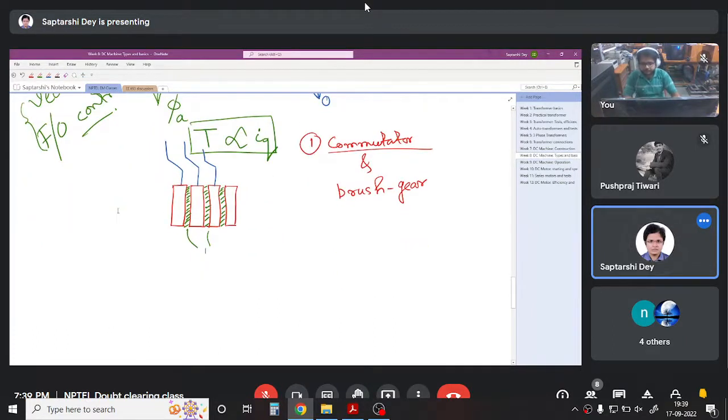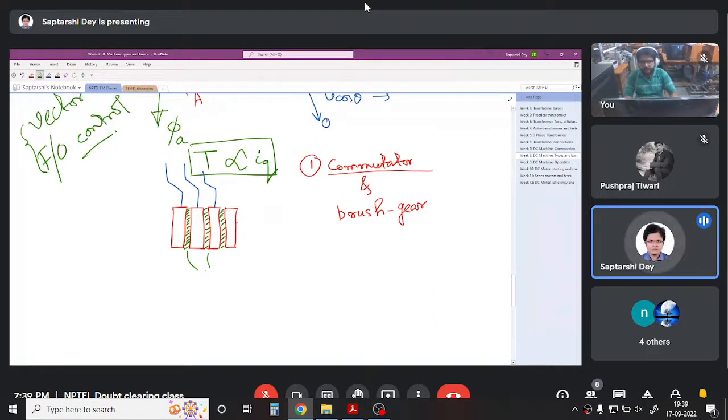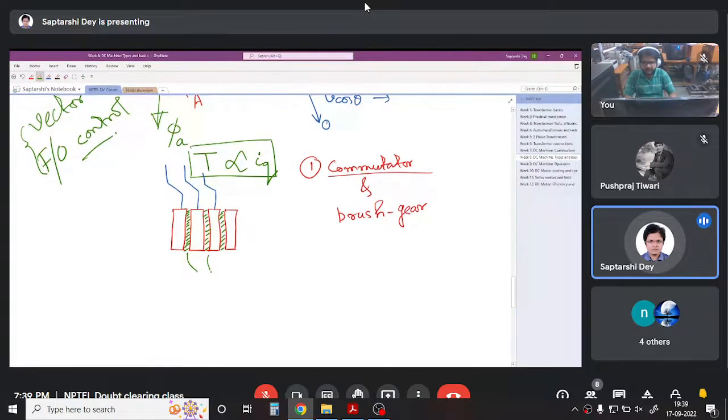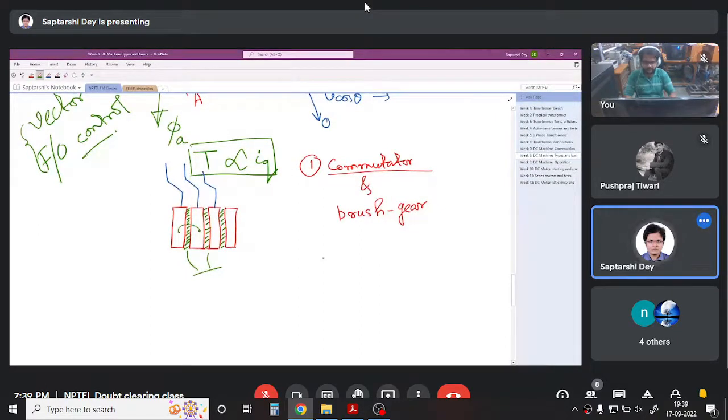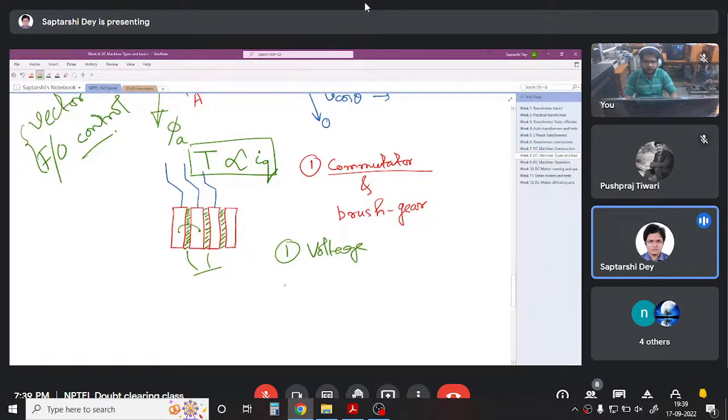So high power means high voltage and some level of current. But when you go for high voltage, the voltage between these pieces becomes large, and this mica insulation might not be capable of handling it. That is the first problem with DC machine: there is a voltage limit, and as a result, a power limit. You will never see a DC machine in the megawatt range. Even if you see one, it is extremely old.